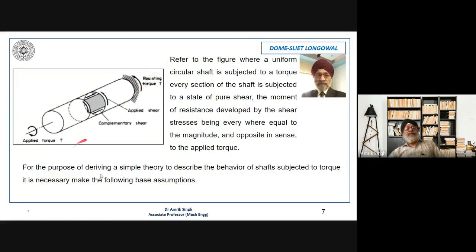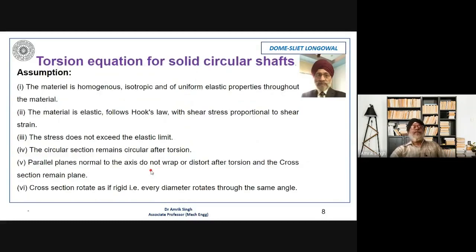For the purpose of deriving the torsion equation, we have to make certain assumptions. So let us see one by one what those assumptions are. The material is homogeneous. Homogeneous means it has the same composition on each and every plane.